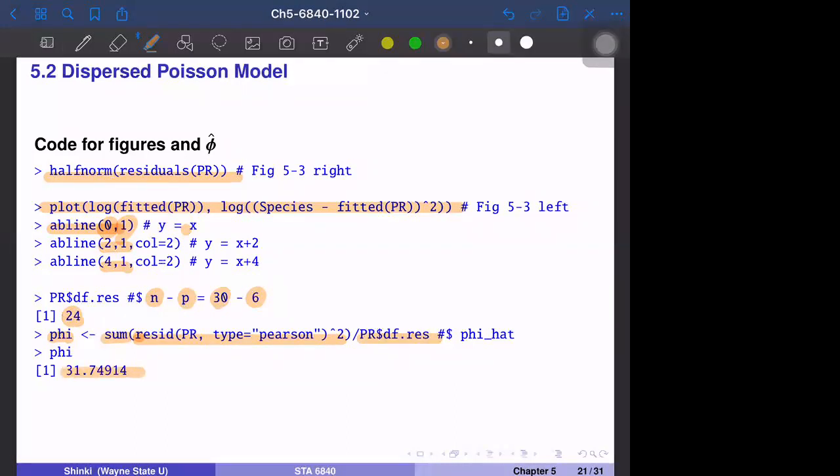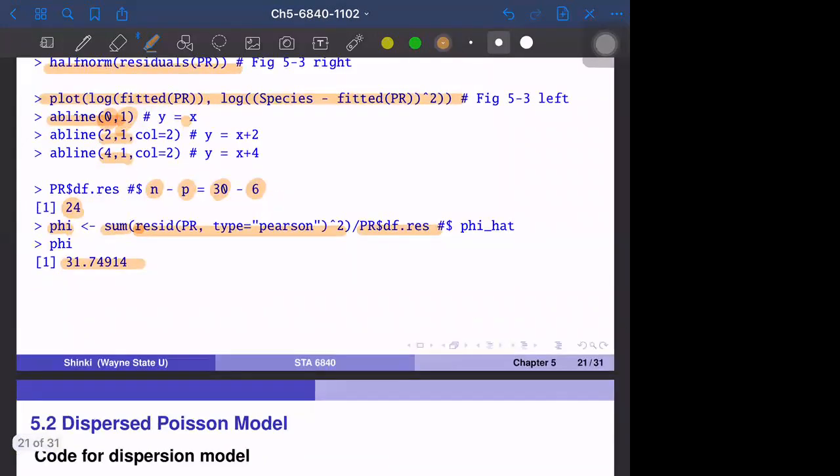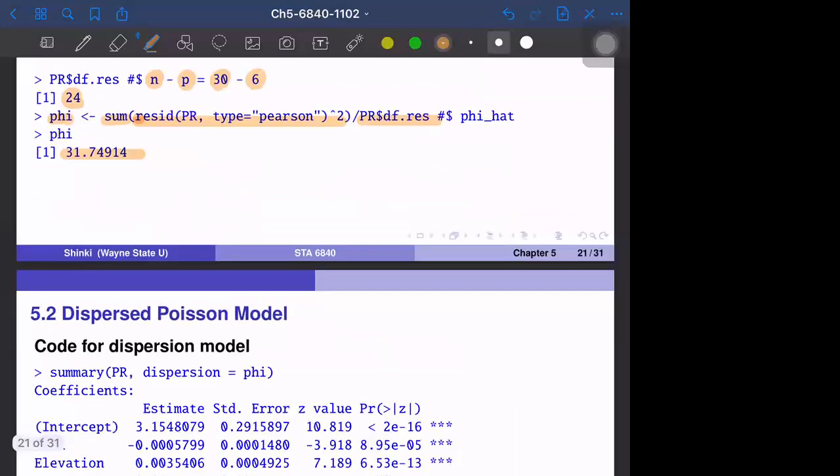Then we get 31.7. This is the estimated phi. The estimated phi should be around 1 if the Poisson model is correct, so it deviates a lot from the Poisson model. So it's beneficial to introduce this parameter phi.